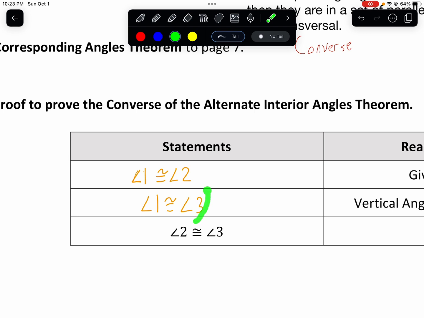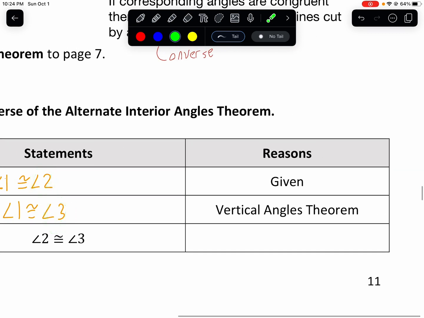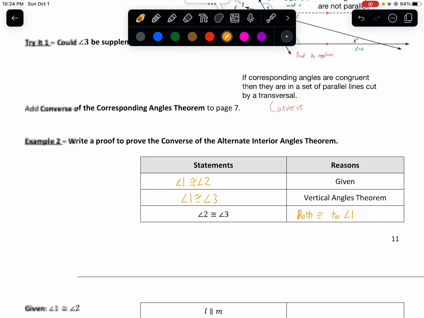So you want to see, how do these two statements lead to this statement? Oh, yeah, angle 1 is congruent to each of those. So since it's congruent to both of them, they're really congruent to each other. Again, that's the transitive property, or you can just say they're both congruent to angle 1. Awesome.